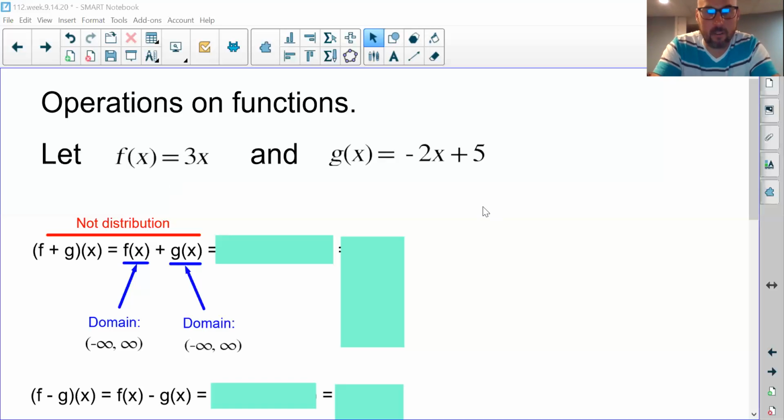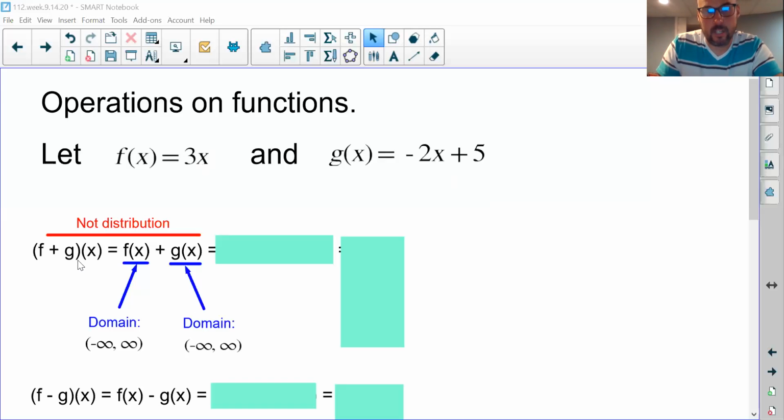Even if by looking at the end result you would think 2 can go in there, you're not dividing by 0 or anything, you have to look at the whole history of the problem and take into account both functions' individual domains, and you kind of have to respect them both. The bottom line is you need a domain that will satisfy both, and I'll talk more about that later. Here it's not too critical because these are both lines, and lines always have a domain of all real numbers, so nothing really too much to think about.